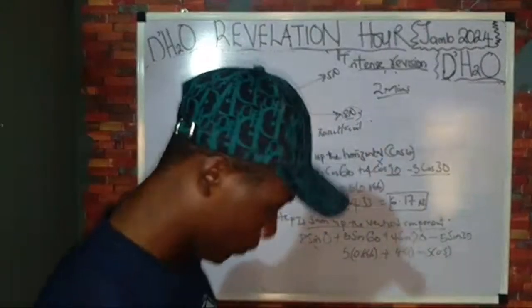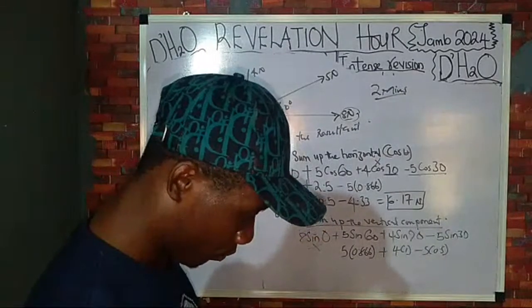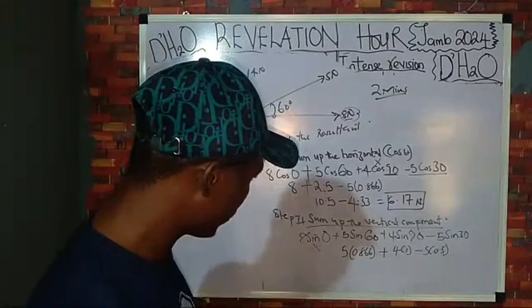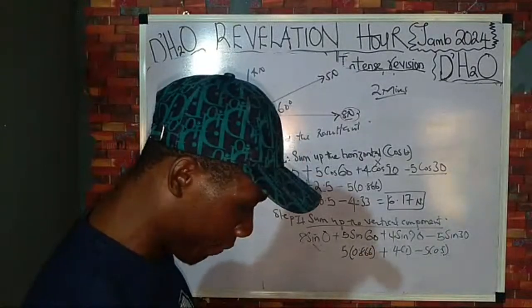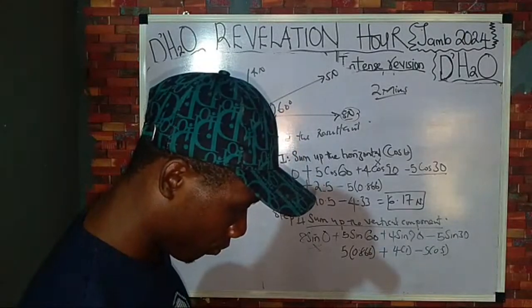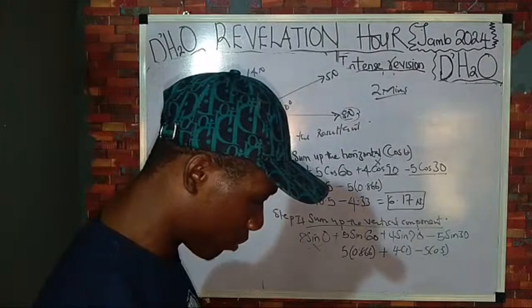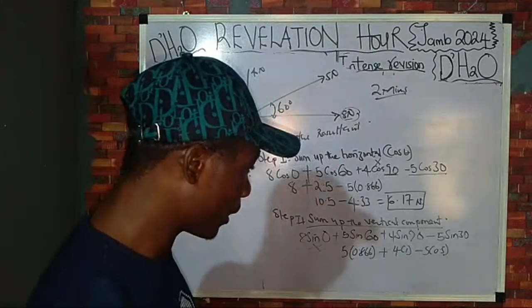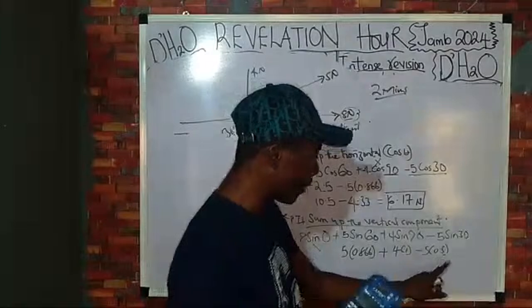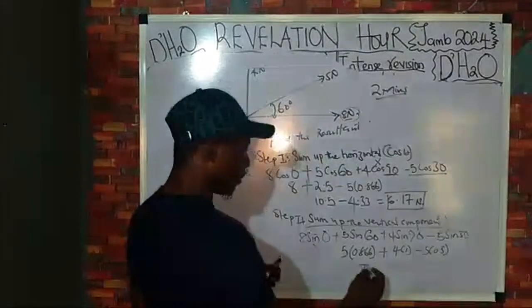So let's use the calculator. 5 times 0.866 gives 4.33, plus 4, minus 5 times 0.5, which is 2.5. So what you have there is 5.83.